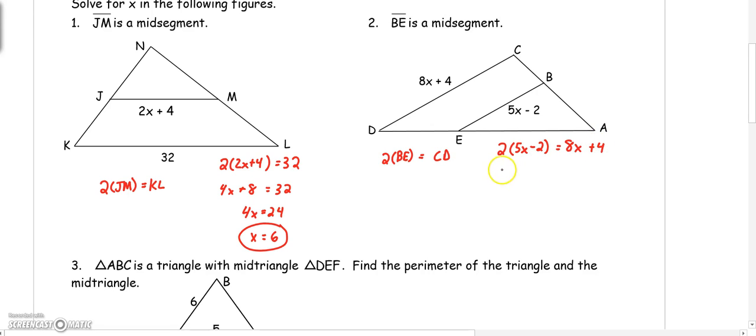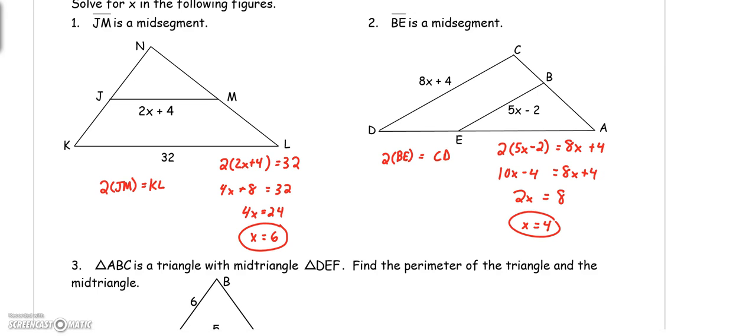So my first step is to distribute: 10x minus 4 equals 8x plus 4. I need to get my variable to one side and my constant to the other. So I'm going to subtract 8x to get 2x, and I'm going to add the negative 4 to get 8. So we have 2x equals 8, and we divide by 2. X is equal to 4.